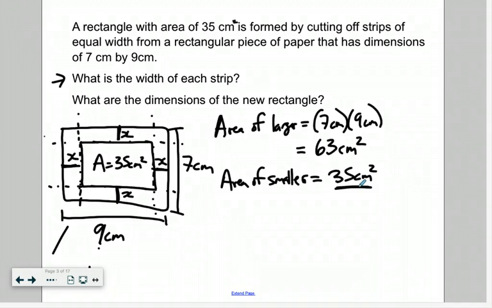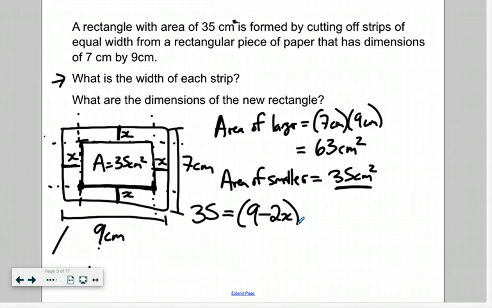Or what we could try and think of is that the area of that inside rectangle of 35 centimeters squared is found by looking at these dimensions. So this length going across the bottom here was 9, but we've taken off two of those strips. So that area of the smaller rectangle would have been found by taking that length of 9 and subtracting those two widths.